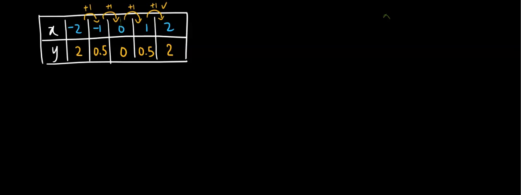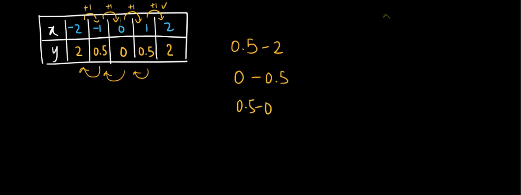All right, now we're going to check the first difference, okay? And then go again, 0 minus 0.5. So you did this to here, and 0.5 minus 0. And then the last one, 2 minus 0.5. As you can see, we won't have the same difference, but that's okay.